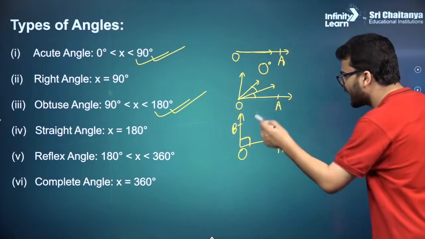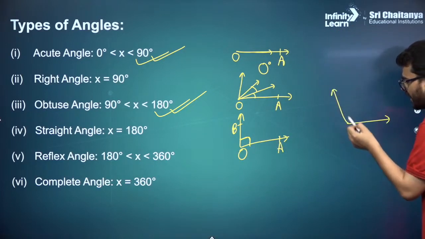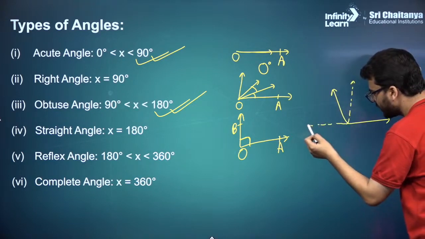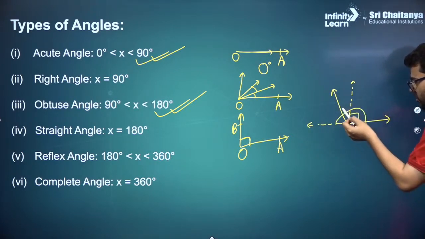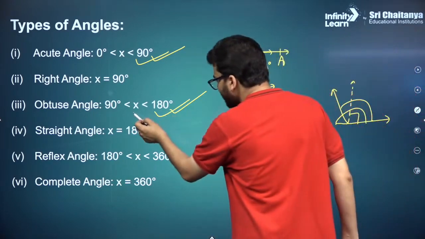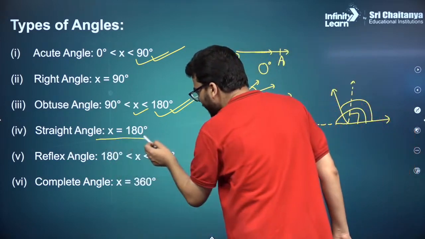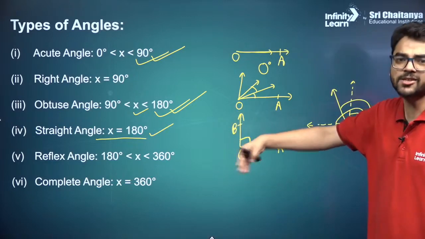Now, if the angle is greater than 90 and less than 180, something like this, see, 90 is somewhere over here and 180 will be somewhere over here. So this angle is called an obtuse angle. And the angle equal to 180 degree is called a straight angle.